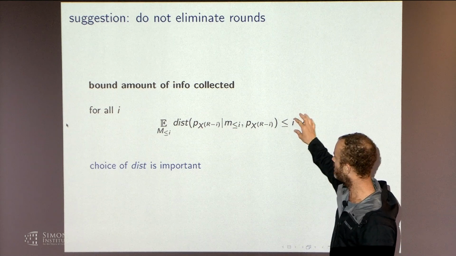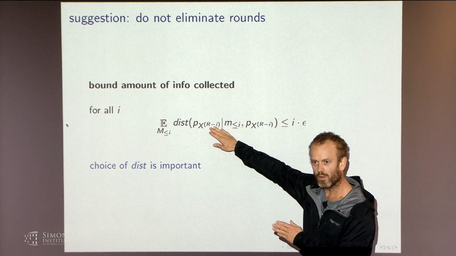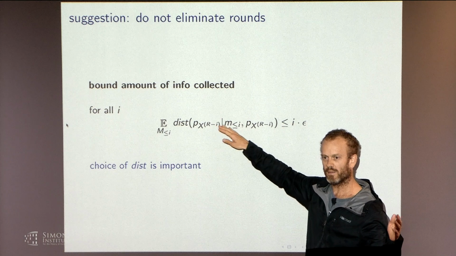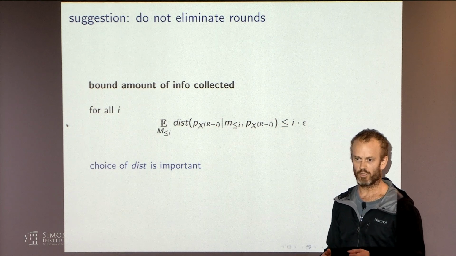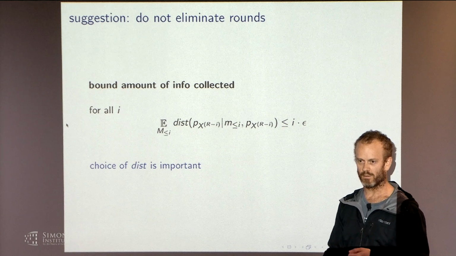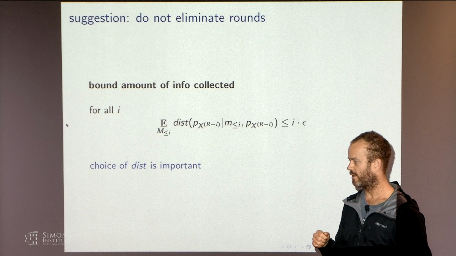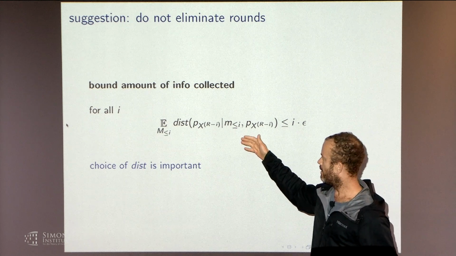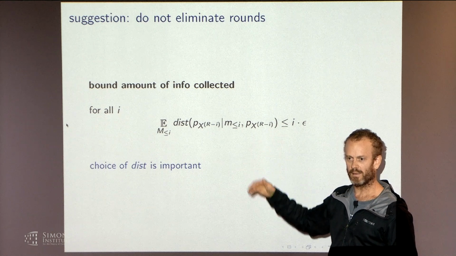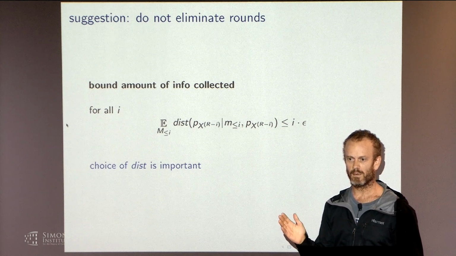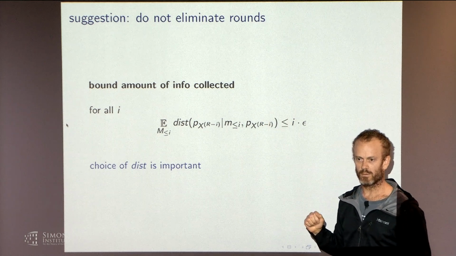If this number is small, then it means that X0 conditioned on the whole messages is distributed exactly as if nothing has happened. So this shows that the protocol does not achieve its goal. But the goal is actually almost irrelevant here. You just say the protocol did nothing. It said nothing about this part of the input.